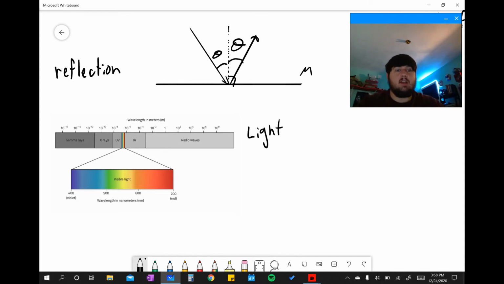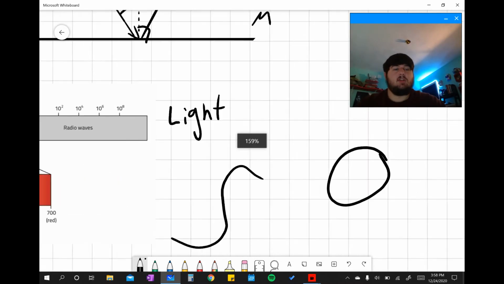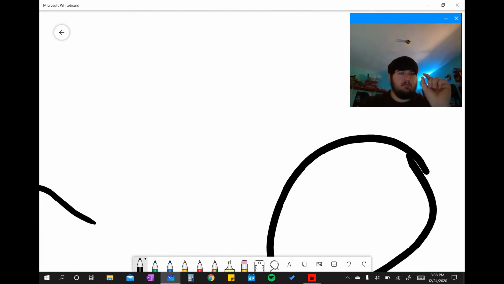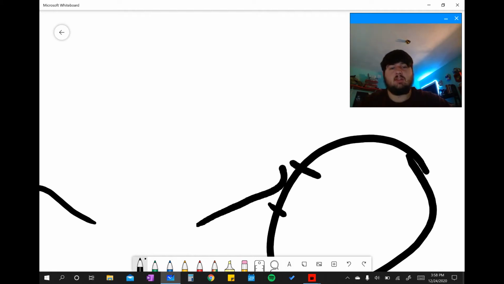Now on some more complicated shapes like a water droplet or a curved mirror, it's still going to behave the same way at the very small scale. So let's say we zoom into the water droplet right here. Because the beam of light that we're dealing with is so small, we're going to assume that the area we're working with, let's say the light bounces off like that, this little tiny distance here is going to be flat.